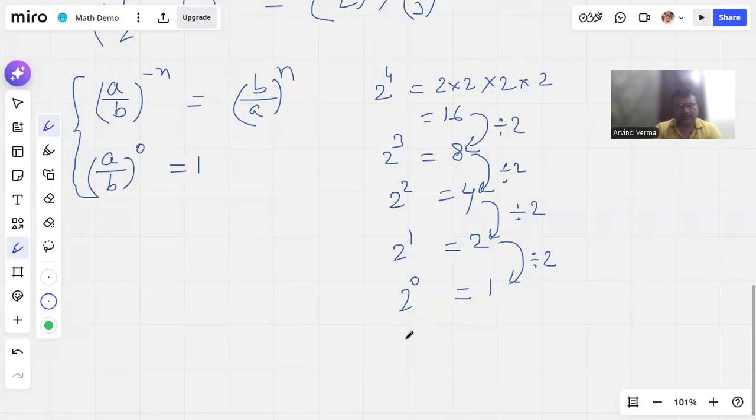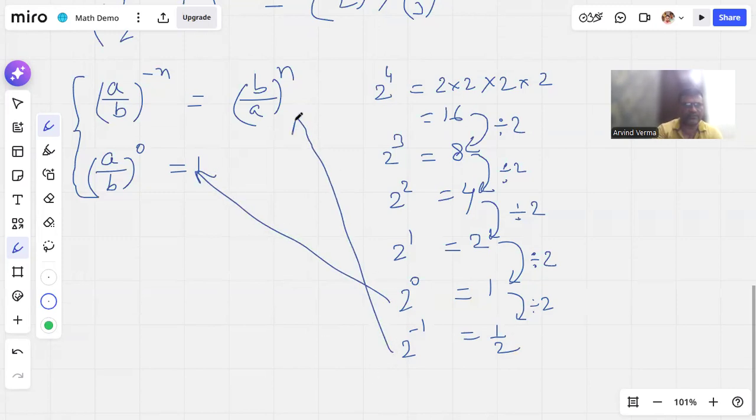Now if we step further down, 2 raised to the power minus 1 is again dividing this by 2, so 1 upon 2. If you compare this law and this law, you will come to know that yes, it is happening.